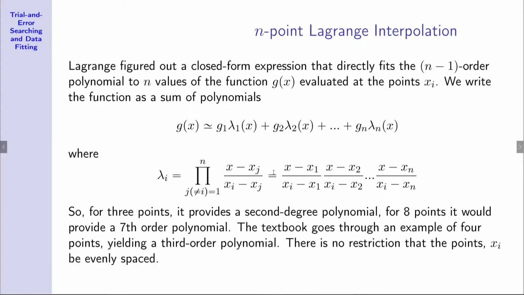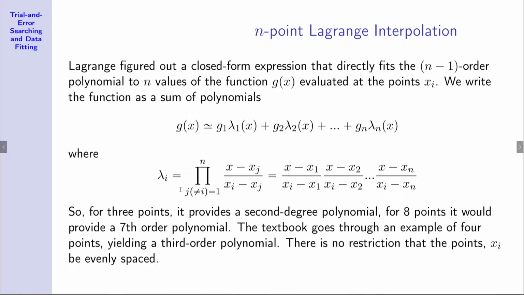And so then it's relatively simple to write out these terms and just do the multiplication. The textbook does go through a specific example for, I think, 4 points of data, and they show explicitly computing all of these lambdas if you want to take a look at that. We will look at the code and how to implement this numerically.